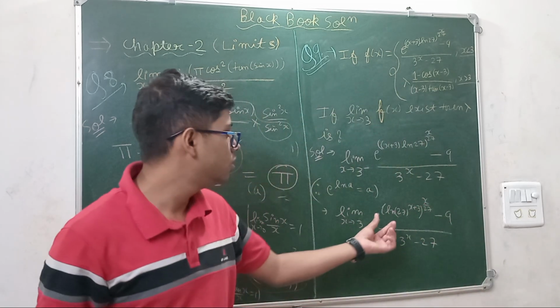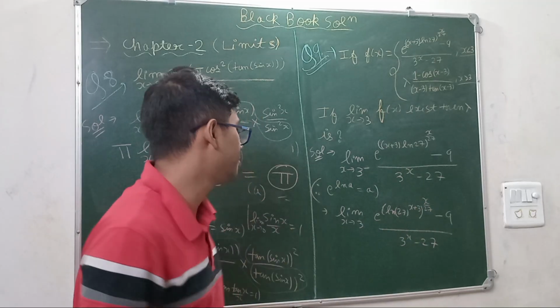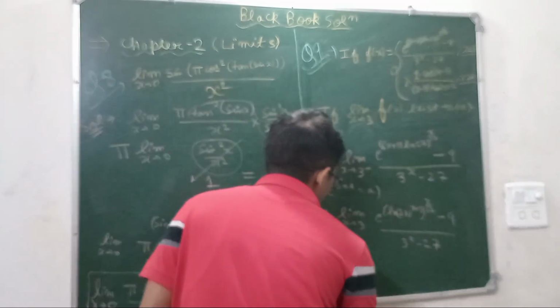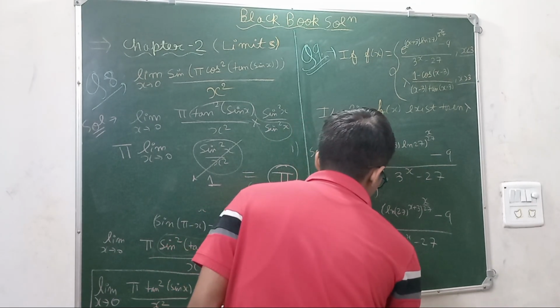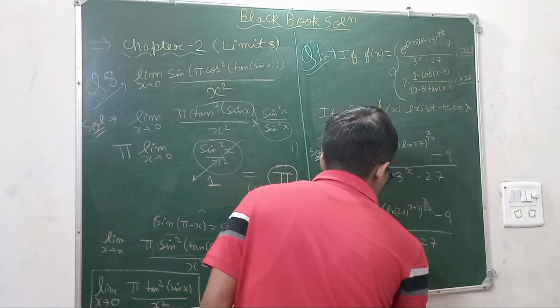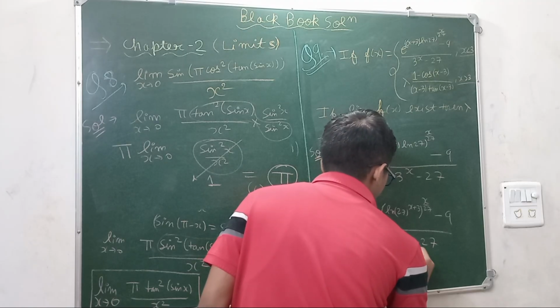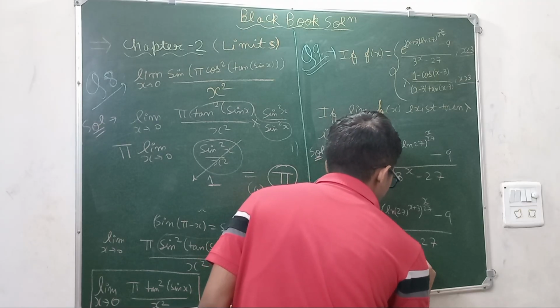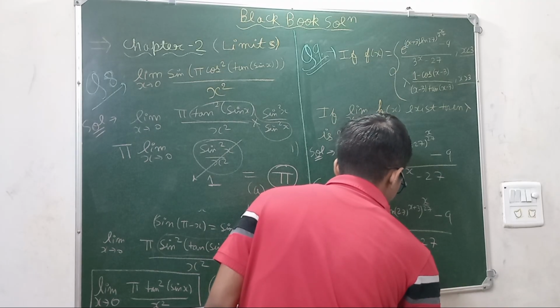Now, according to the exponential rule, x plus 3 and x by 27 will be multiplied together, and this will look like limit x tends to 3 of e to the power ln 27 to the power x times x plus 3 by 27, minus 9 upon 3 to the power x minus 27.